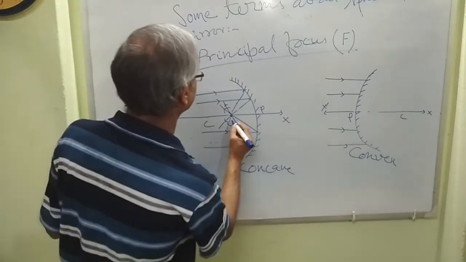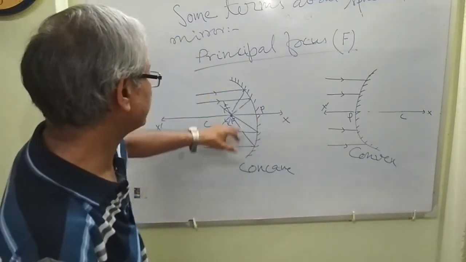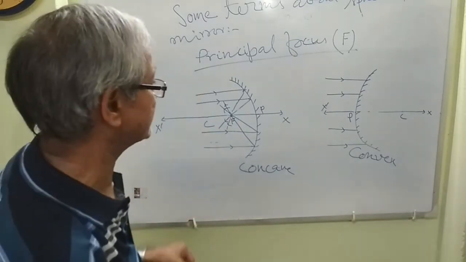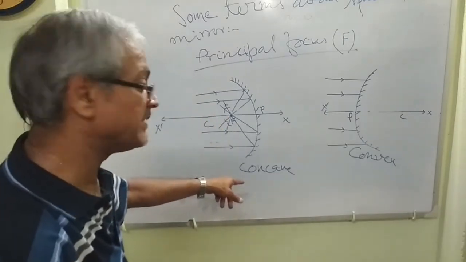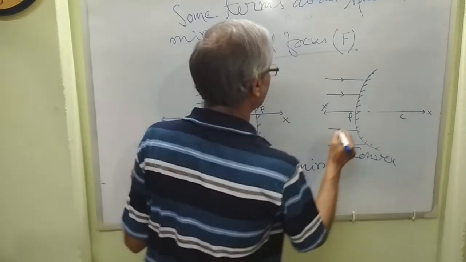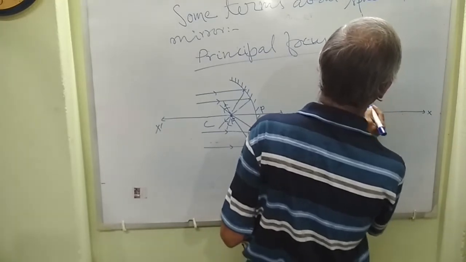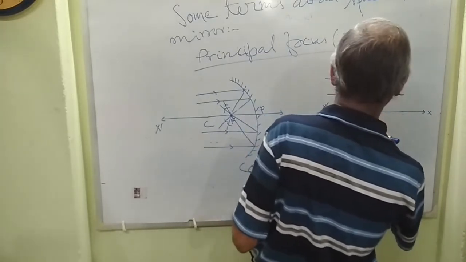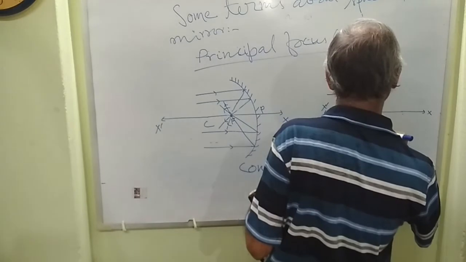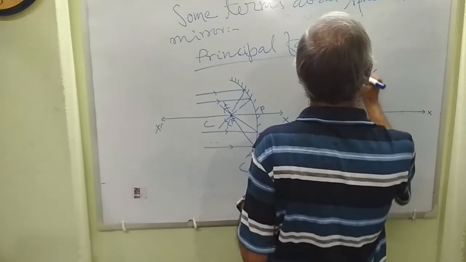This point on the principal axis at which all the reflected rays meet is called the principal focus of a spherical mirror. They actually meet in the case of concave mirror. But in the case of convex mirror, the reflected rays do not actually meet at a point, but appear to diverge from this point.